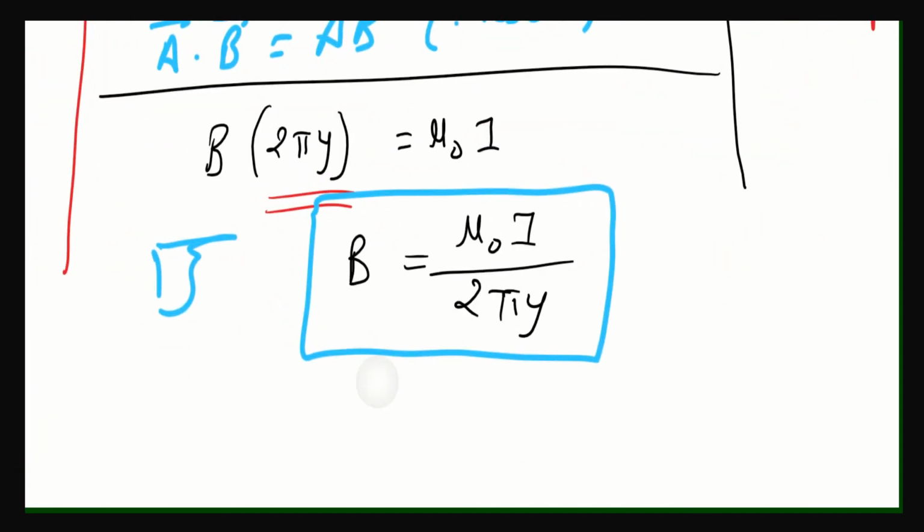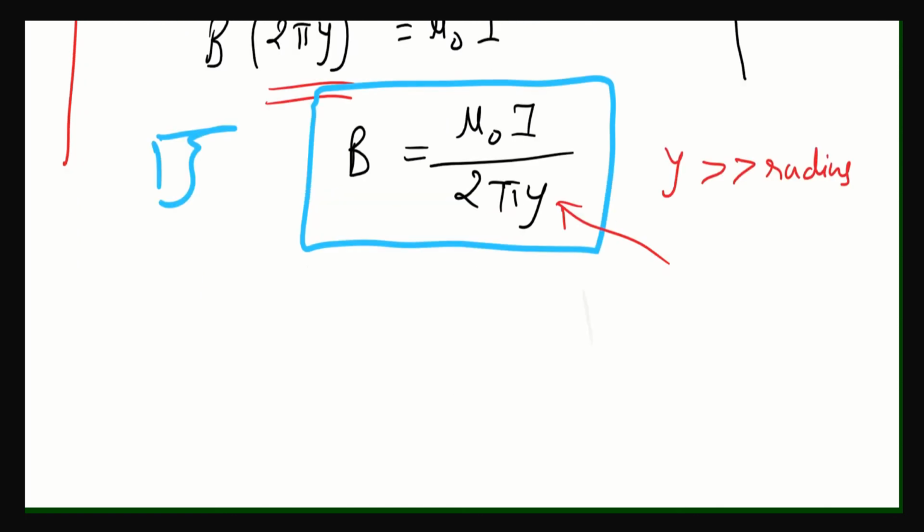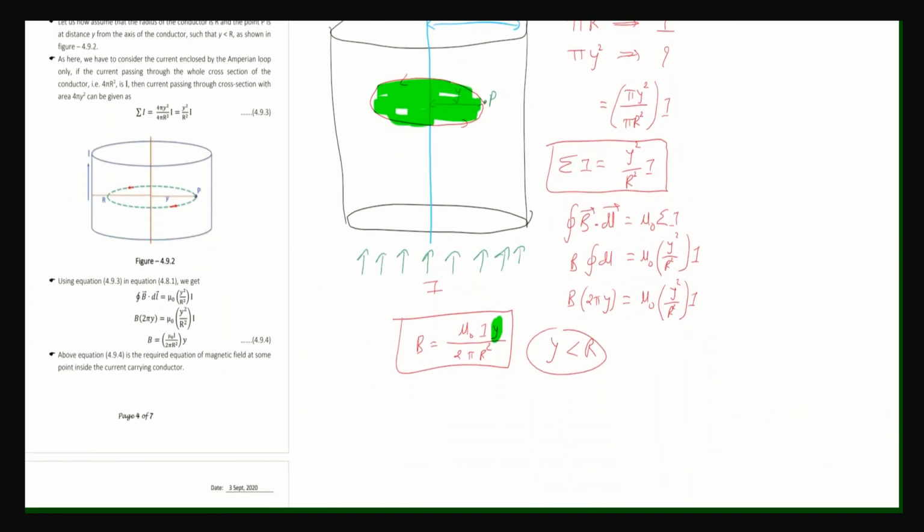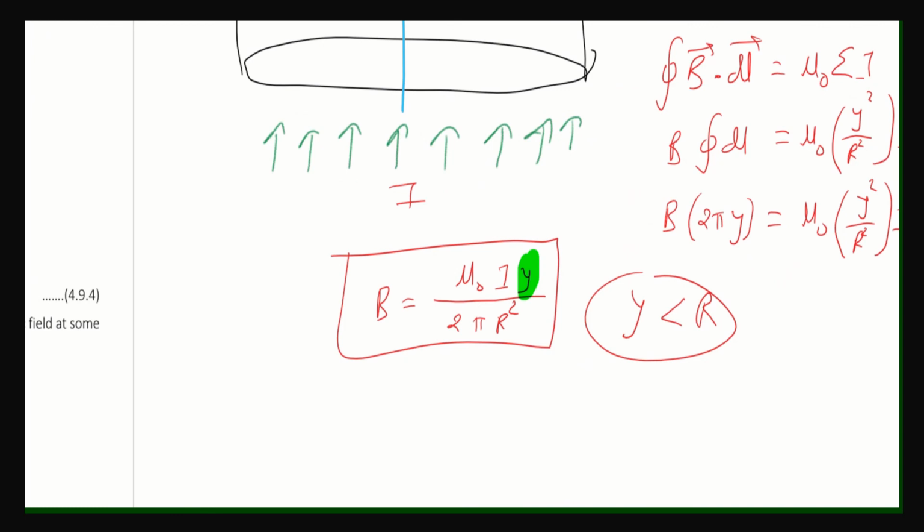This is the first one, mu 0 I by 2 pi y. What is y? y is the distance of the point where we want to find the magnetic field, and y is greater than the radius of the wire. Okay, and this is the second equation.